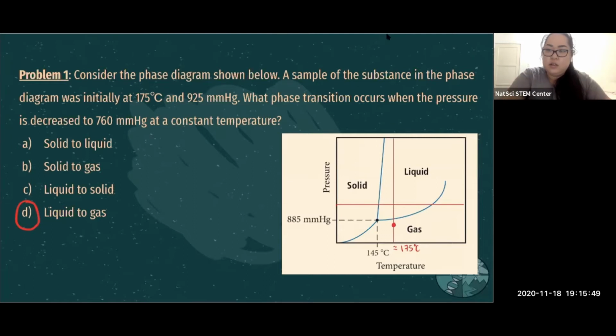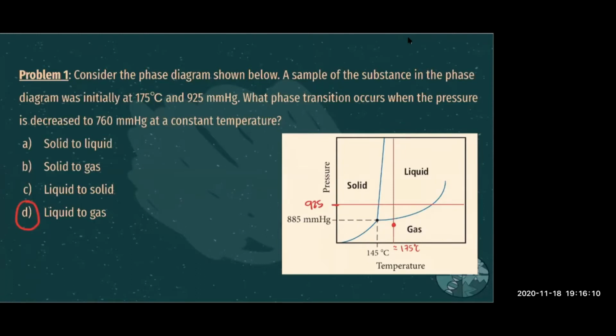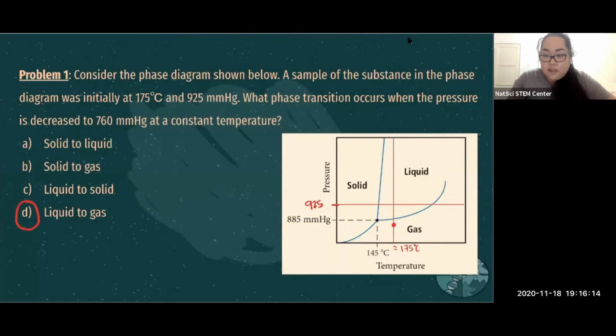Okay, so the answer is D because I'm going to show you guys a visual. So on the graph, I indicated an approximate value of about 925. Here's about 175 degrees Celsius, right? So let's say it's at a constant temperature, we'll assume that it's at 175.